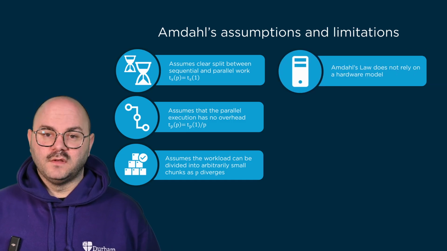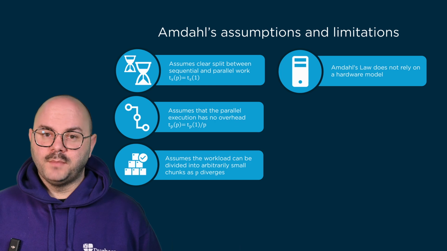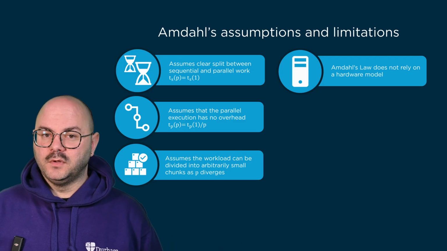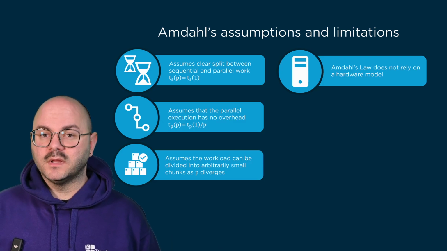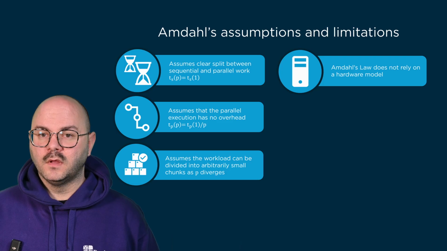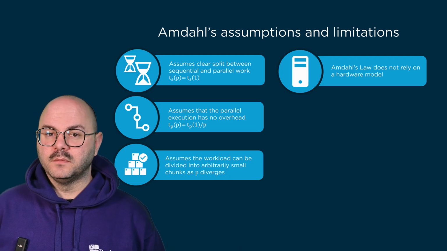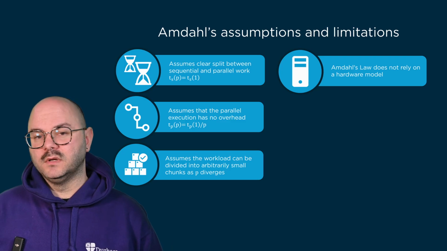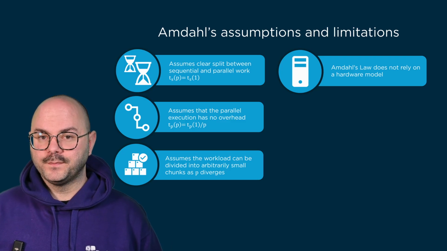Likewise, Amdahl's law does not rely on a hardware model. Impacts on the actual runtime due to the realities of actual computing are not accounted for. For example, it is not uncommon to measure superlinear strong scaling for some problems where S(p) is greater than p due to hardware effects like cache-level boundaries, which are not realizable within Amdahl's law.